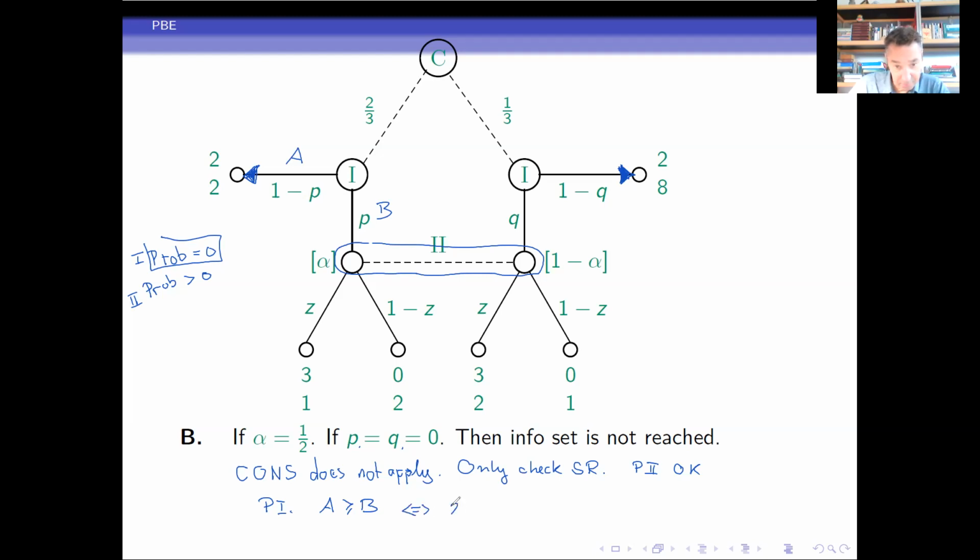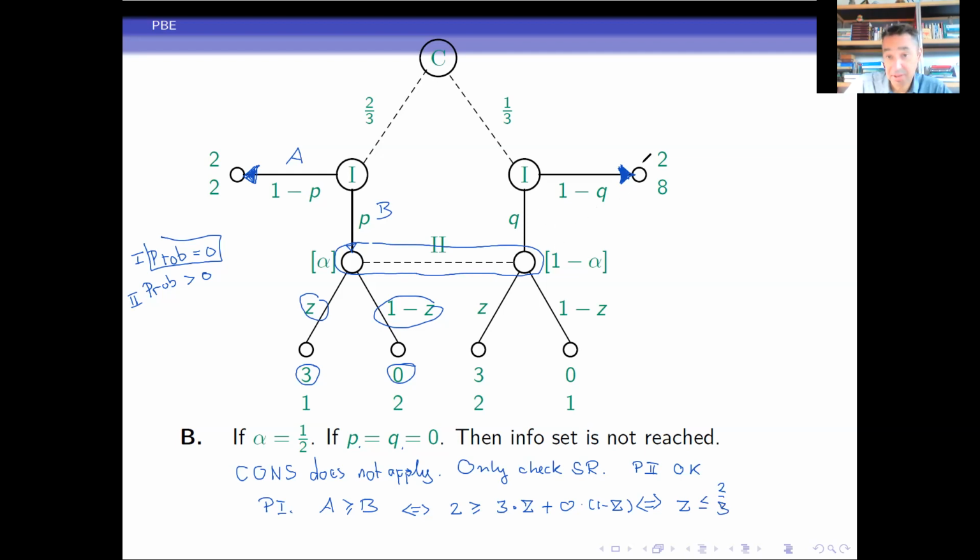Well, if 2 is at least as large as what he gets if he moves down here. And what does he get if he moves down here? Well, with probability Z, we go over here and he gets 3. And with probability 1 minus Z, we move over here and he gets 0. So 2 should be at least as large as 3 times Z plus 0 times 1 minus Z. That's what sequential rationality dictates. In other words, Z should not exceed 2/3.